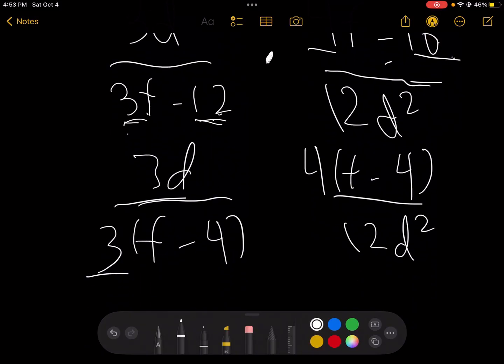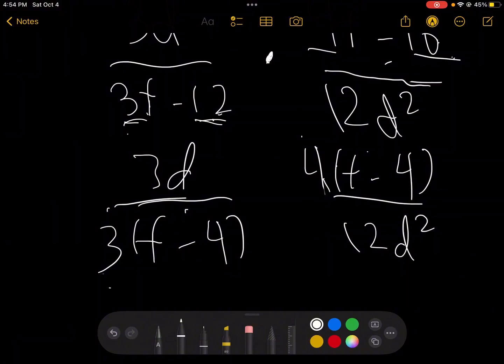Now you can finally cancel. So you can't cancel this and this, okay? That won't be counted. But since these two are factors, as I told you earlier, you cannot cancel terms unless they have the same value, like the entire expression.